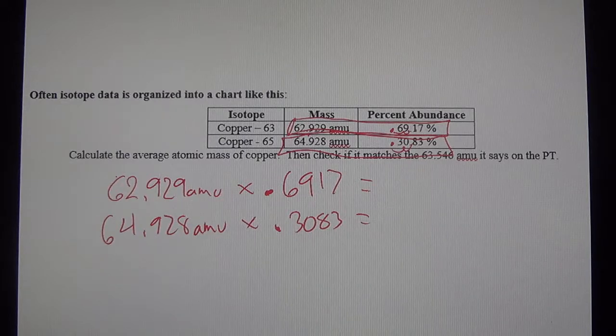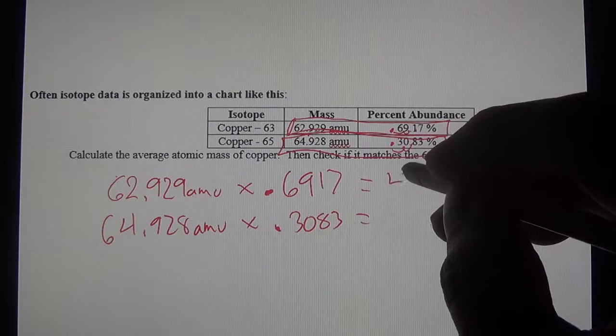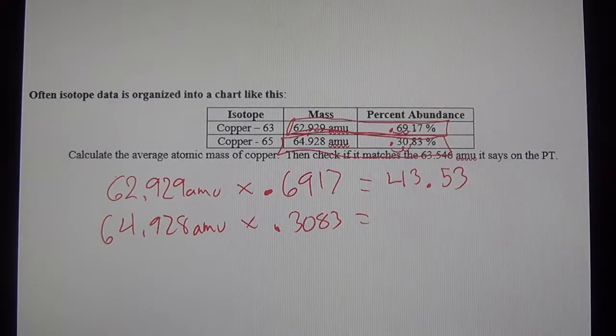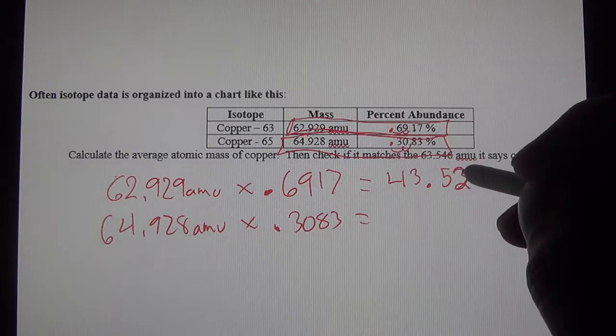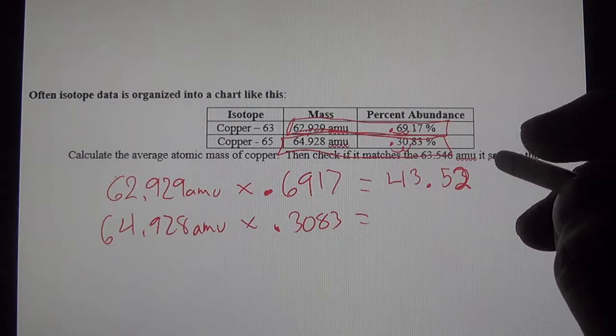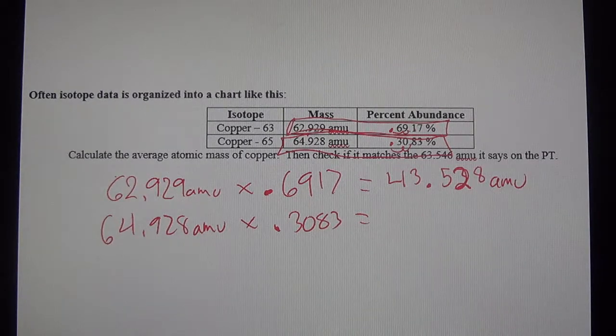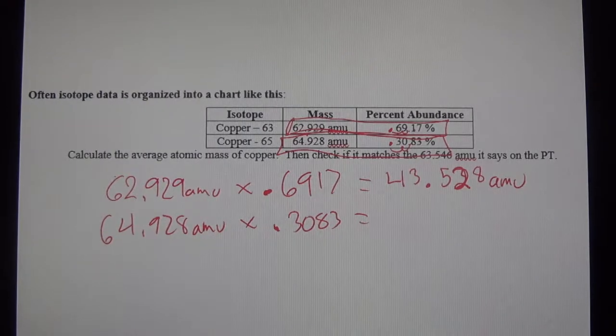All right, so now hopefully the calculator will work for me this time. I have 6.929. I'm going to multiply it by 0.6917. And that turns out to be 43, let's go to the hundredths place, 43.53. Actually, so we can compare to the periodic table, let's go to thousandths place. Sorry for changing my mind so quickly. That way we can compare to the periodic table really well.